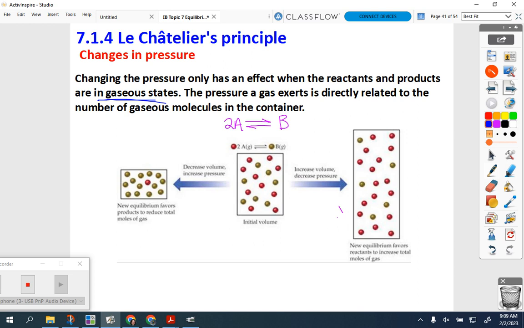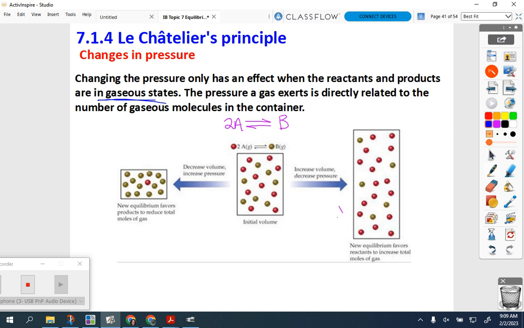For example, if I take this volume and I squeeze it and decrease the volume, that's increasing the pressure. The system is going to respond by decreasing the overall pressure as much as possible. And that response is going to be by driving the reaction towards fewer moles of gas.